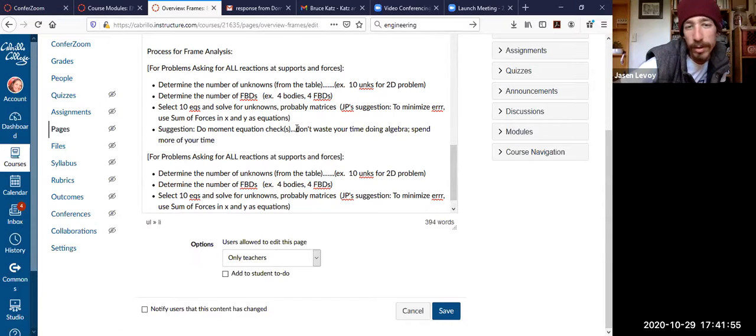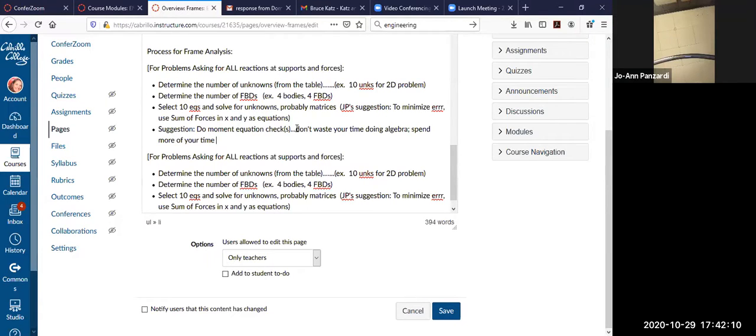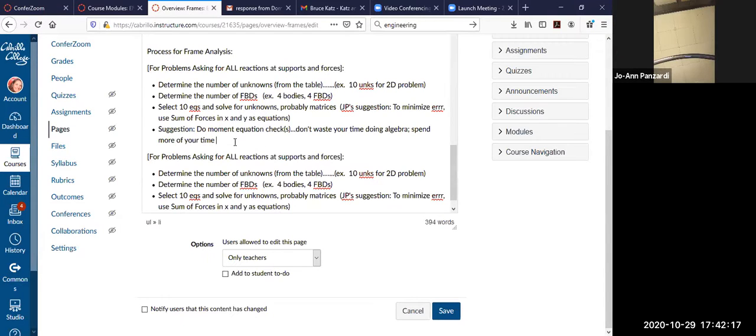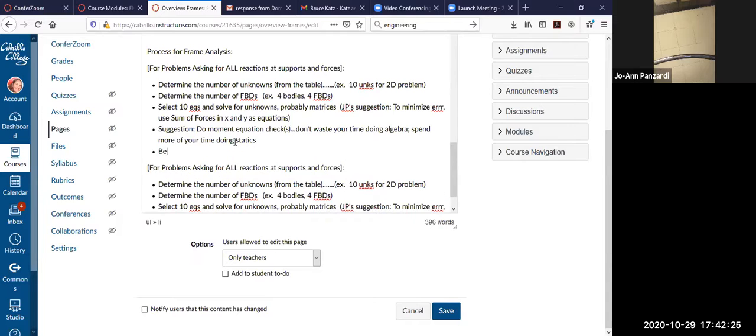Would you describe any of these checks as taking the matrix output of the individual forces, putting it back into one of the equilibrium equations, and seeing if it works? That sounds okay. Awesome. So the suggestion: don't waste your time doing algebra, spend more of your time doing statics. So maybe a better suggestion.